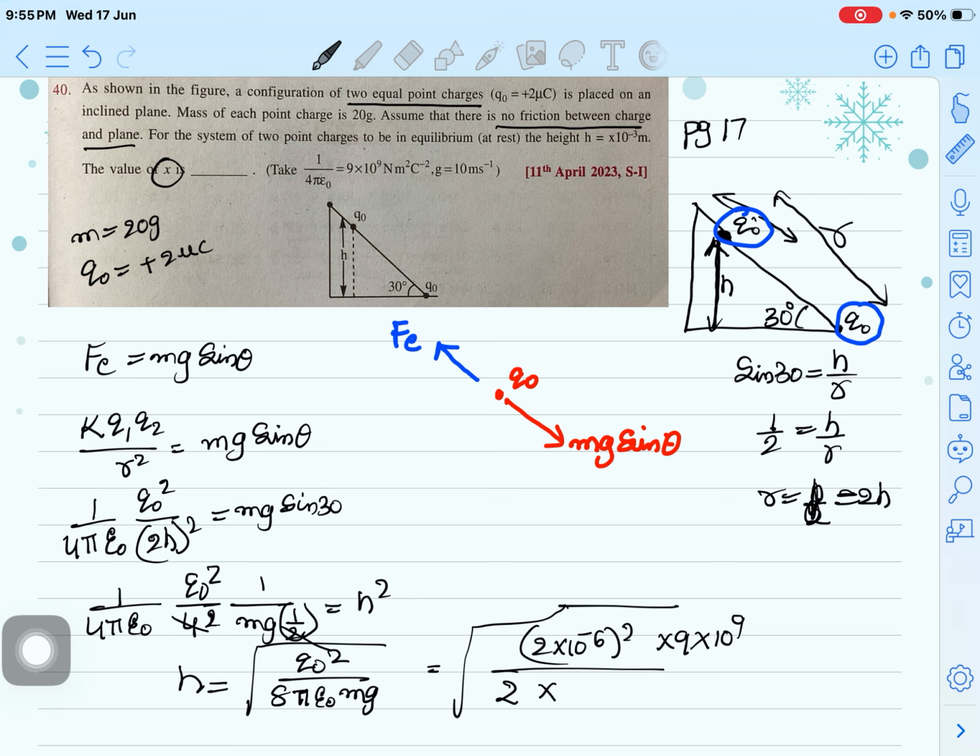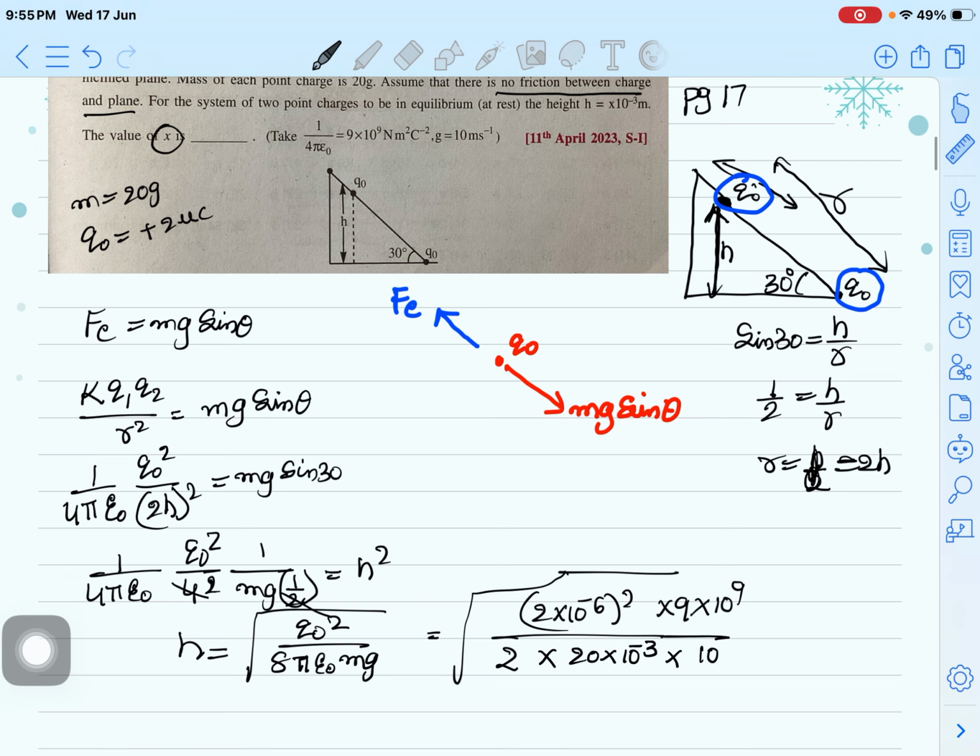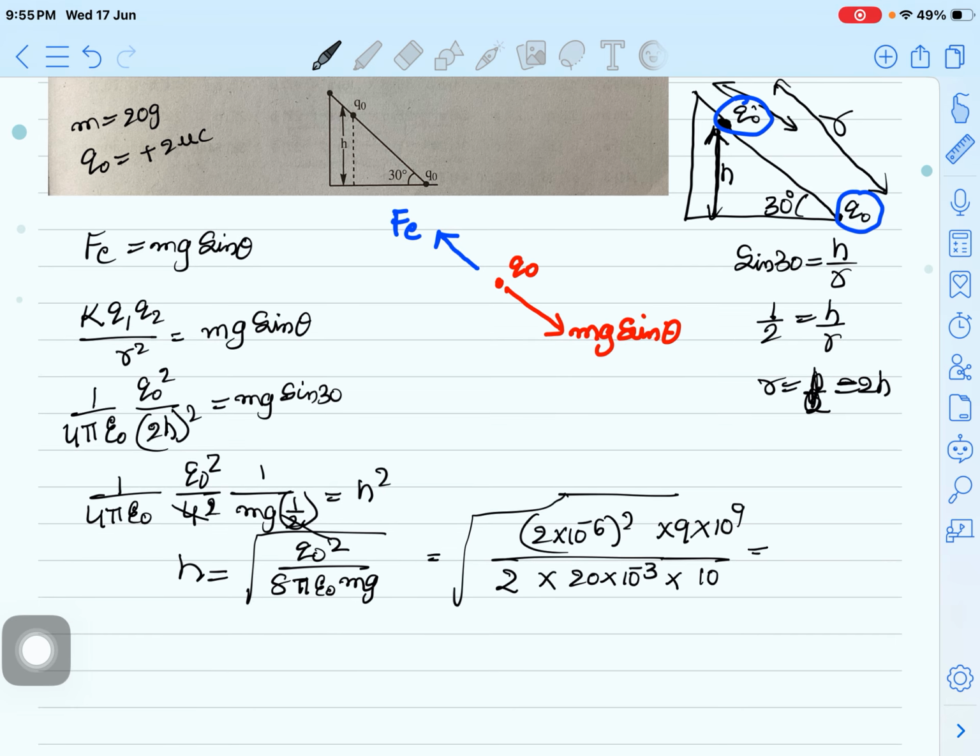For mg, m is 20 grams, converted into kg, 20 into 10 power minus 3, and g is 10. Solving, under the root, 2 square becomes 4, and 10 power minus 6 whole square is 10 power minus 12, times 9 into 10 power 9, divided by 2 into 20 into 10 power minus 3 into 10. That gives 10 power minus 11 into 10 power 9, which is 10 power minus 2.